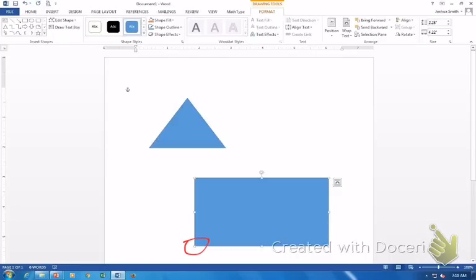So consecutive would mean this vertex to this vertex, okay? That's one vertex after the other. Non-consecutive then would go from here to here, right? We skip a vertex and draw to the next one.